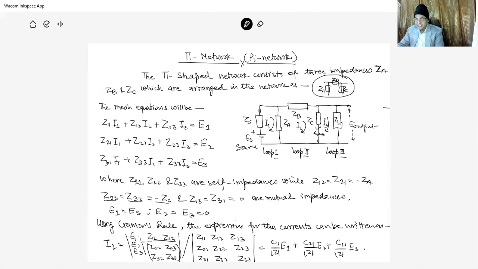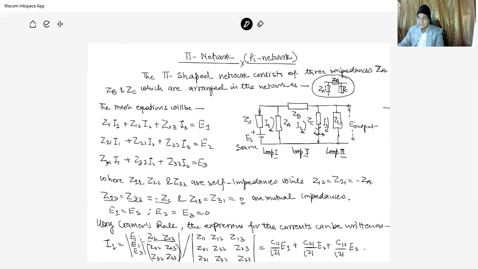Therefore, Z13 and Z31 are equal to 0, that is, no mutual impedance between loop 1 and loop 3. The sources are E1 equal to this source ES, while E2 and E3 are equal to 0, because in loop 2 and loop 3 there is no source.